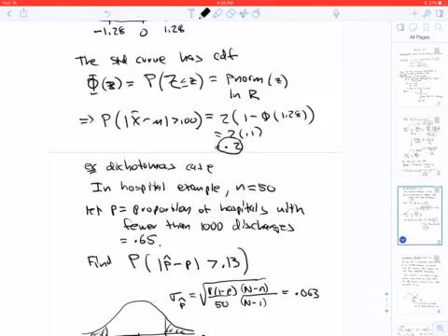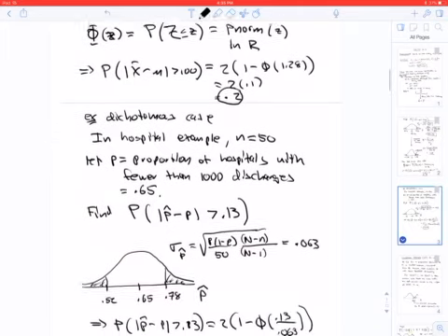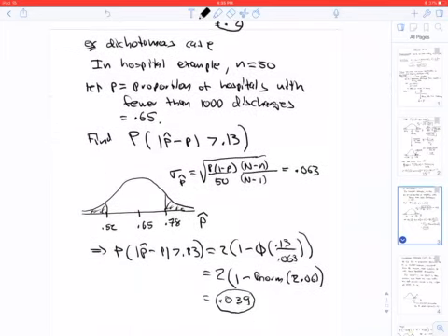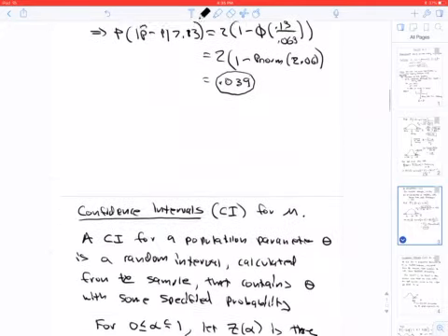And we're told that p, the proportion of hospitals with fewer than 1,000 discharges, is 0.65. I asked you to find this probability, and it's pretty much exactly the same type of calculation.